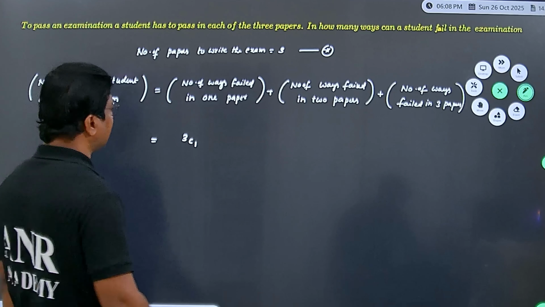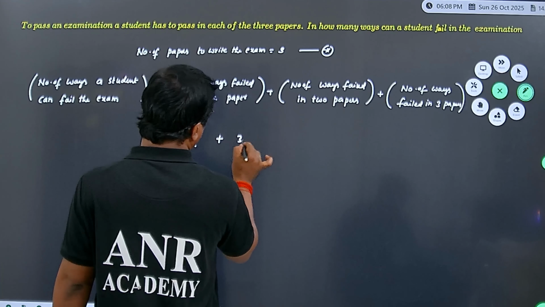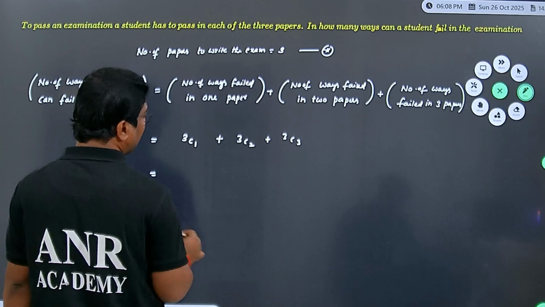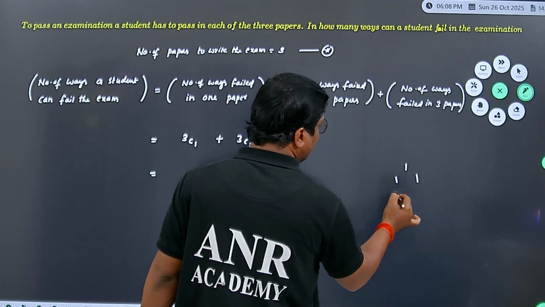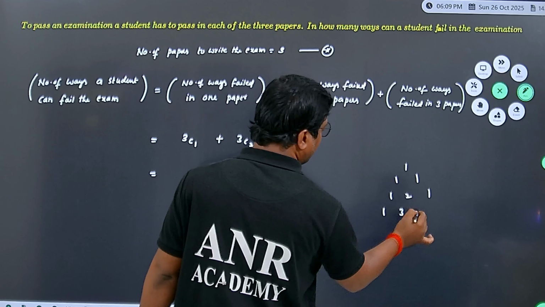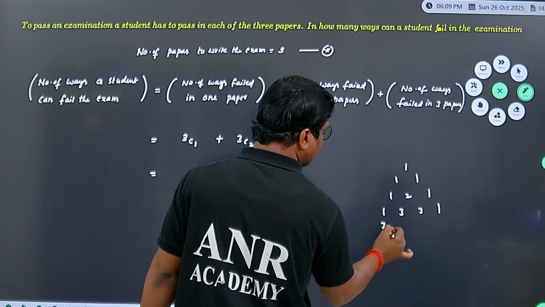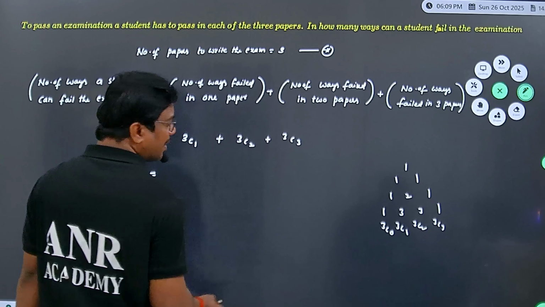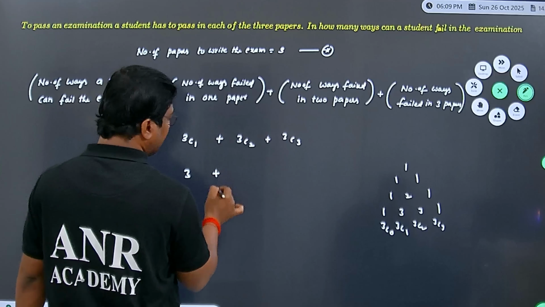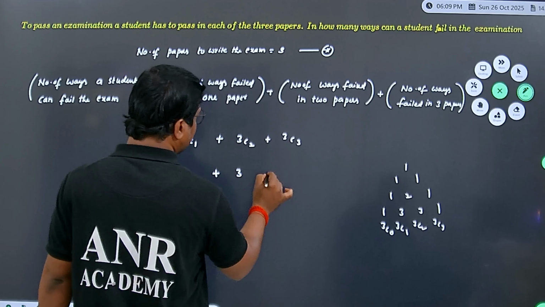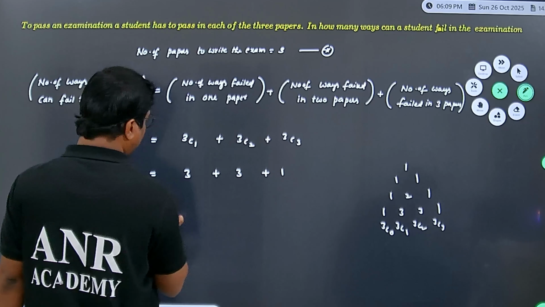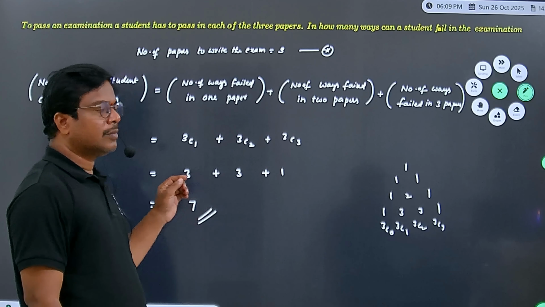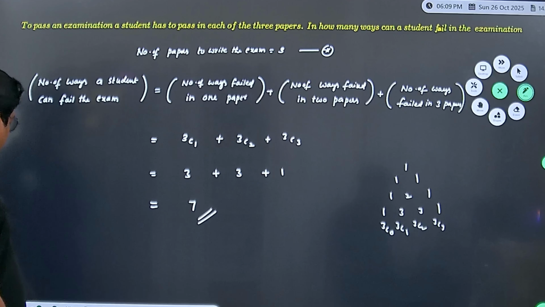Number of chances 3C1. Next plus 3C2 and then 3C3. The values by Pascal triangle: 3C0, 3C1, 3C2, last one 3C3. 3C1 value 3, 3C2 value 3, 3C3 value 1. 3 plus 3 plus 1 gives the result 7. Move to the next question.